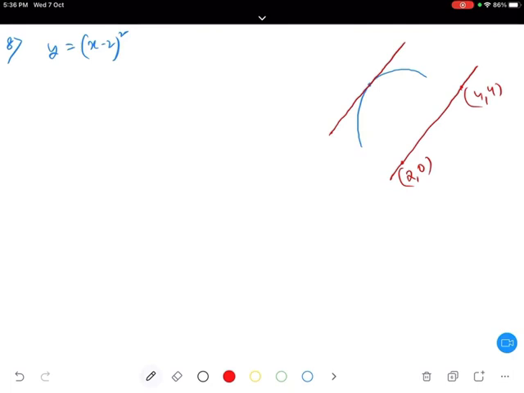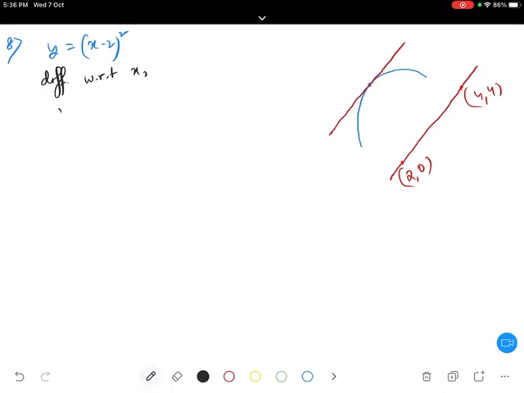Can anybody tell me how should I proceed with this question? As a first step, forget about everything, just differentiate the curve and find the tangent. First thing is to find the tangent, dy/dx. That's the basic, everybody knows, differentiating with respect to x.